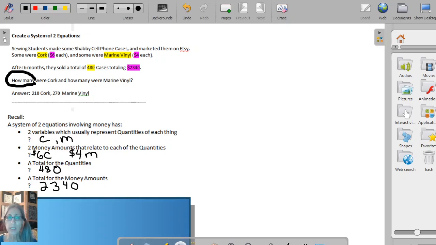So we can see that these variables here, which represent the quantities of cork and the quantities of marine vinyl, well, those variables should total 480.